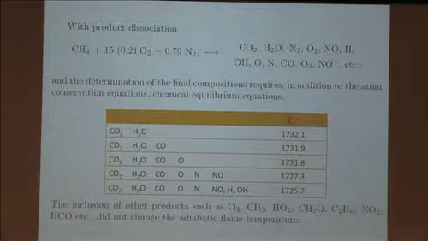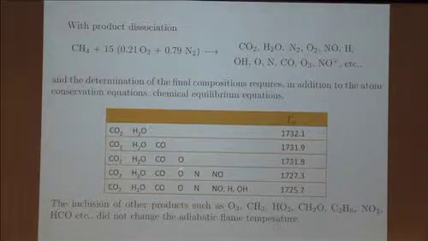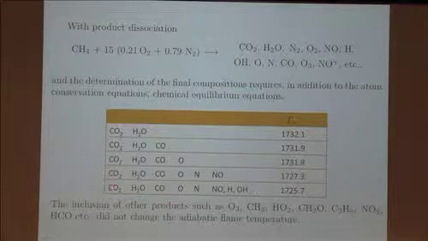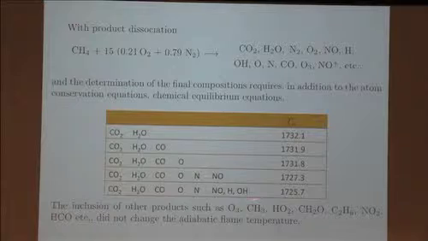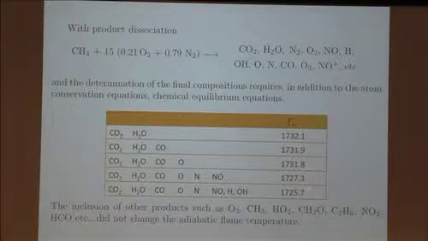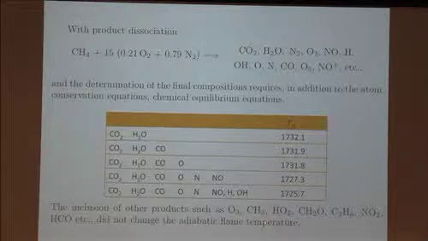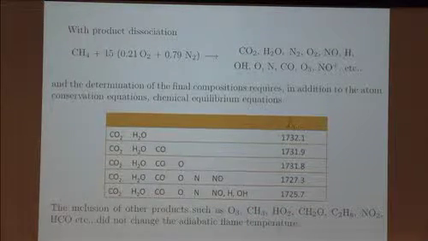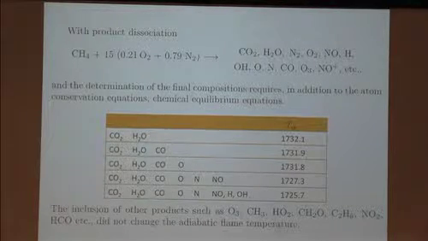So if you include, in addition, CO, then you see it drops a bit. If you add O, it will drop a little more. And if you include the dissociation of all these products, it will go all the way to 1725. And then later, if you include more species, it really doesn't change by much. So, just to show you the dependence on these things.